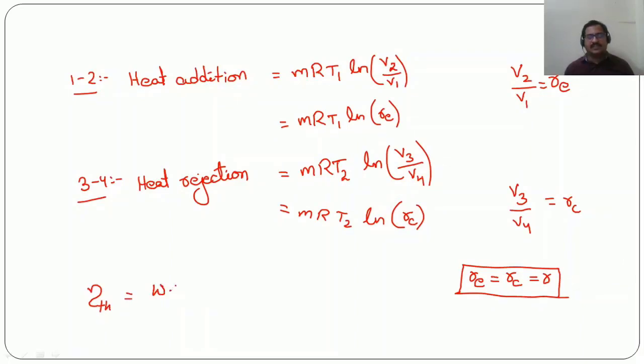Thermal efficiency is work done by heat supplied, or we can write this as heat supplied minus heat rejected by heat supplied. Now from this, the thermal efficiency will be equal to 1 minus heat rejected by heat supplied.